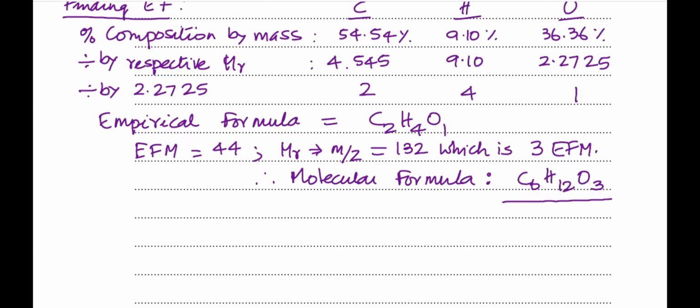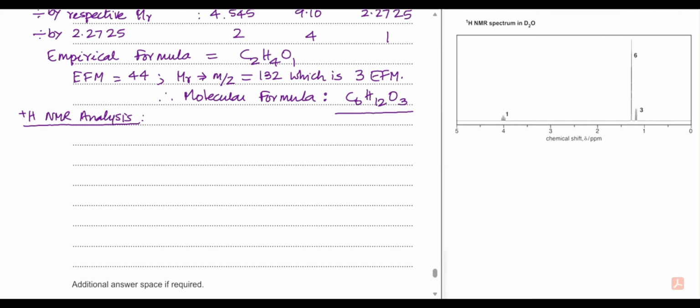Next part of the analysis is the proton NMR spectrum analysis to identify the structure of the compound. So let's write proton NMR analysis. The best way to do this is to document all the peaks and the chemical shifts relating to them.